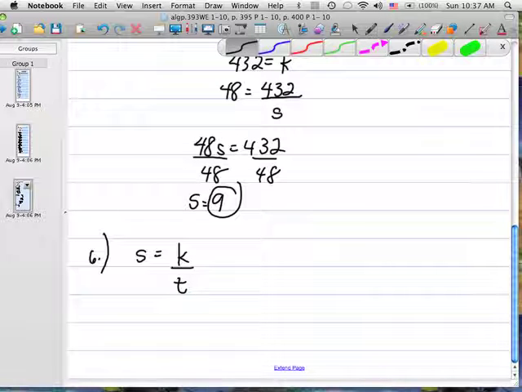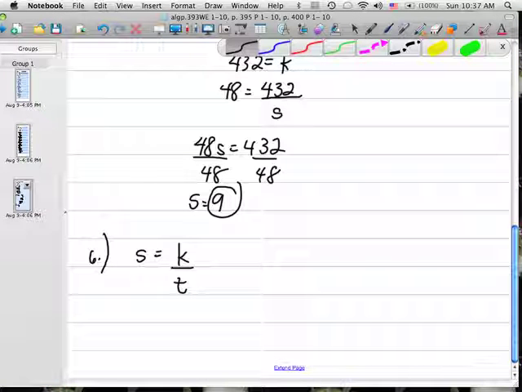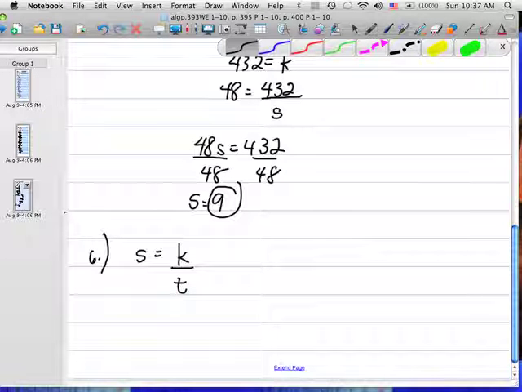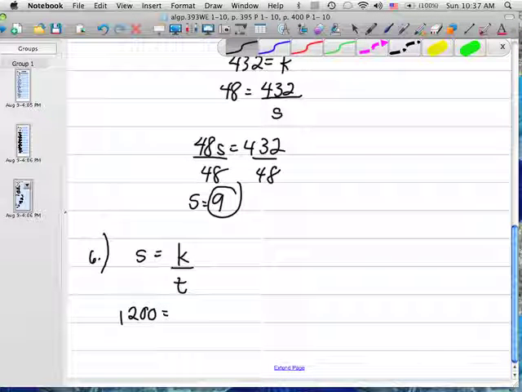So a gear with 42 teeth revolves at 1,200 revolutions per minute. So the speed of this one was 1,200, and it has 42 teeth.